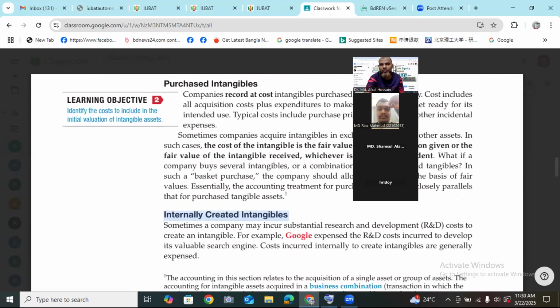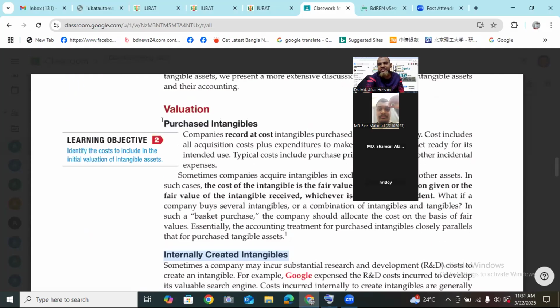So purchased intangibles, you know it because when you purchase an intangible asset, it is called a purchased intangible asset. The company records at cost intangibles purchased from another party. If you purchase intangibles from another party, then you have to record it at cost price.